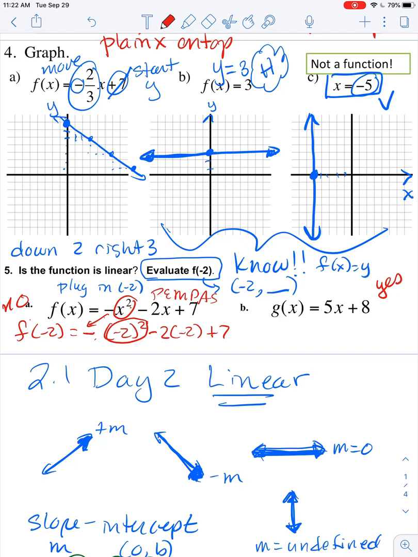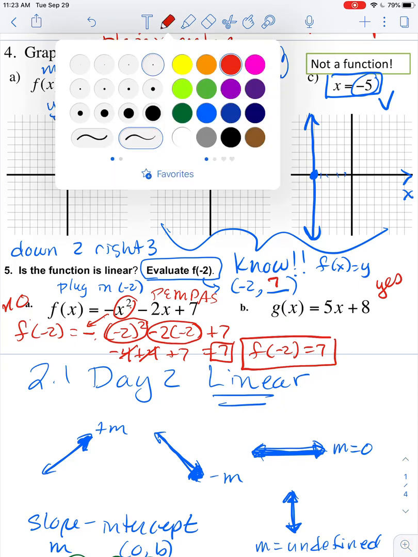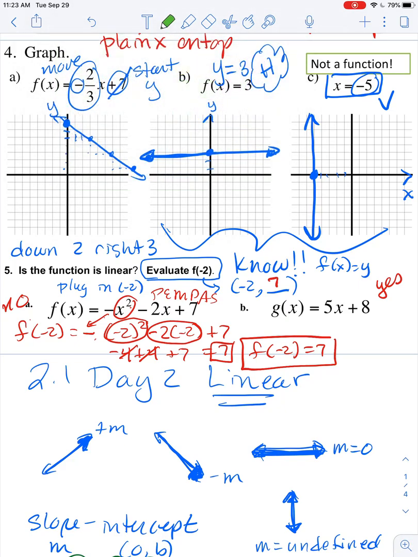You're welcome to use your calculator, but here I would get a 4, but then that would be positive, but there's a negative on the outside. So I'd have -4. These two multiply to become a +4, and then plus 7. Since the -4 and the +4 cancel out, this ends up being 7 in the end. So I would say f of -2 equals 7, meaning when I put in a -2, I got out a 7.